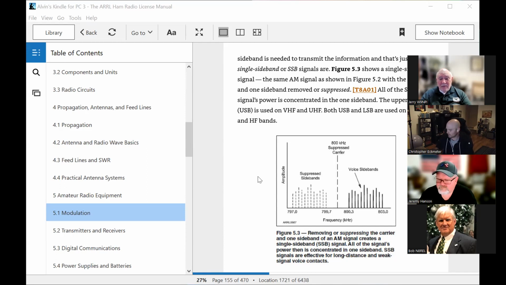So let's go back to here, so 797 to 803. So it's 3 on each side of the carrier. And with us, it's close to 6 kilohertz actually. The 3 kilohertz is the width of a single sideband.